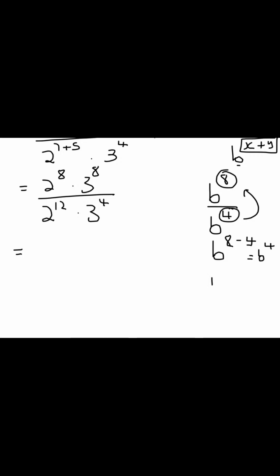But in a situation where you have base to the exponent of 4 over base to the exponent of 8, remember that base, it doesn't matter what letter it is. It doesn't matter what number it is, as long as they are the same. So in this case, it means this 4 has to go to the denominator part.